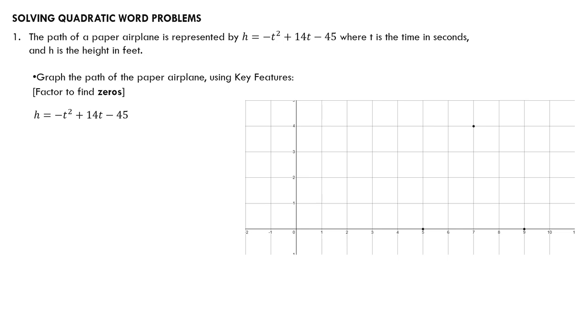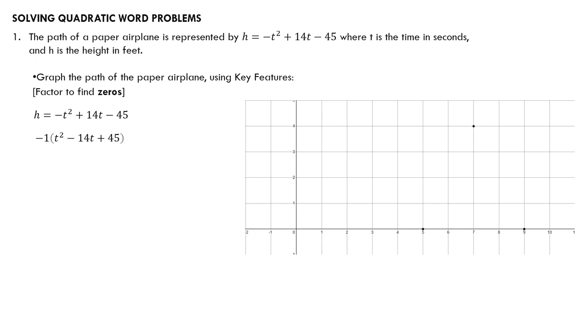So to make this a little bit easier, we're going to use a common factor of -1 to factor out that negative. When we do that, we end up with t squared minus 14t plus 45. And this is much easier for us to factor.